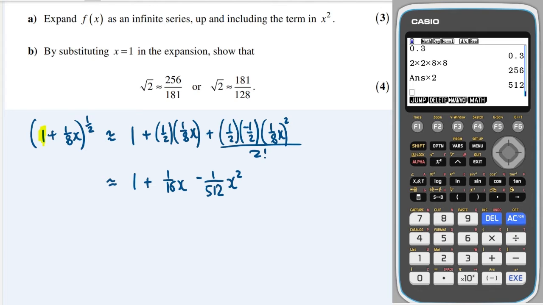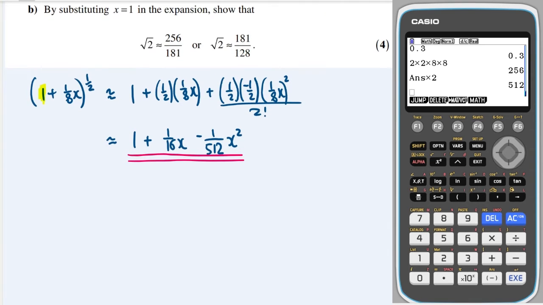Okay, next, by substituting x equals 1 into the expansion, show that root 2 is equal to this, or this. That's interesting. Okay, well, when I sub in 1 on the right hand side, I'm going to get 1 plus 1/8 to the power of a half.